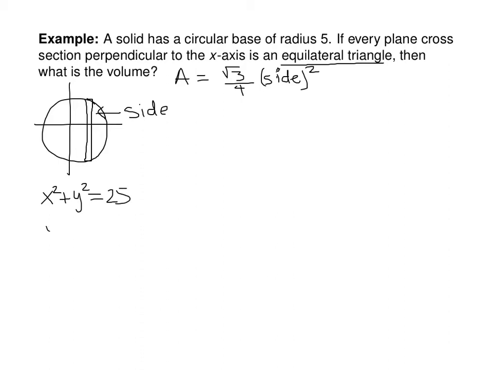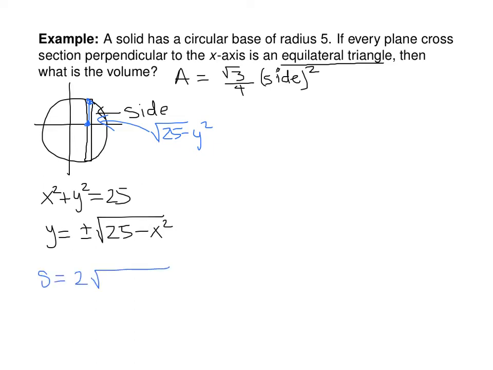Solving that for y, I get y equals plus or minus the square root of 25 minus x squared. So technically speaking, this is root 25 minus x squared. My side is twice that, so for s I use 2 roots of 25 minus x squared.